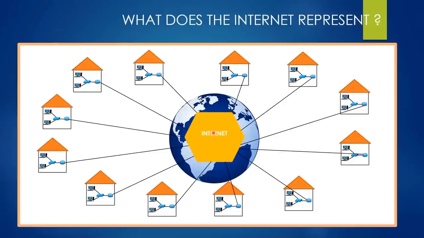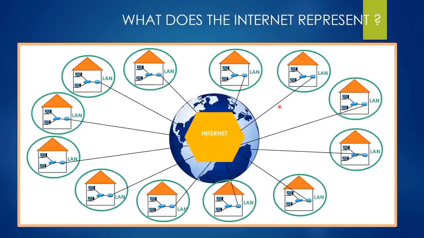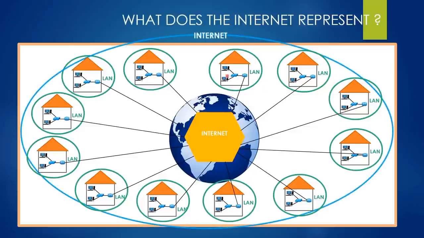So, as you notice, there are many small or medium-sized LANs spread all over the world. And all these LANs on the visual represent these networks. As a result, the combination of all these networks stands for the internet itself. This is very important. The combination of all these networks stands for the internet itself.